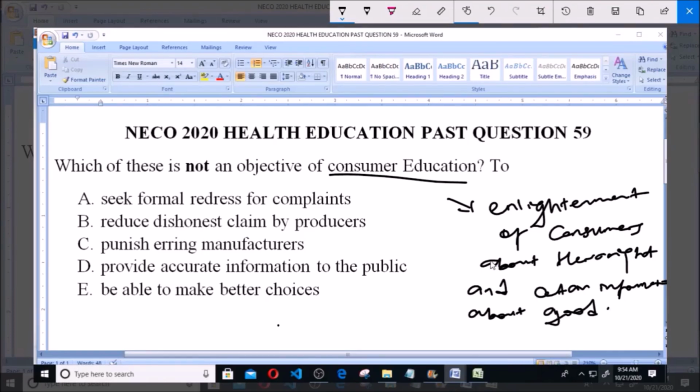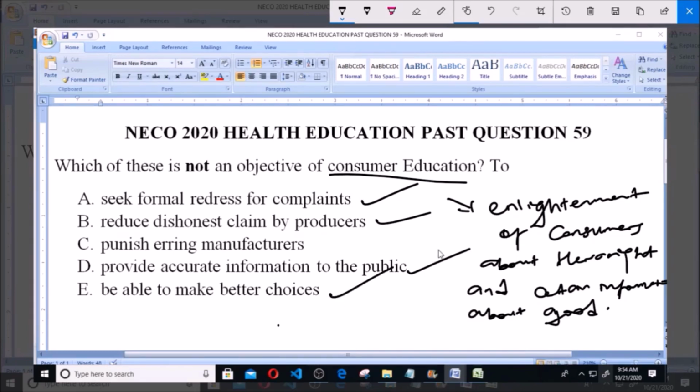Now, consumer education has what objectives? These objectives include to seek formal redress for complaints, which is correct; to reduce dishonest claim by producers, which is correct; to provide accurate information to the public, pertaining to any goods or service, correct; and to be able to make better choice, that is, choice of product, choice of goods and services, which is correct.